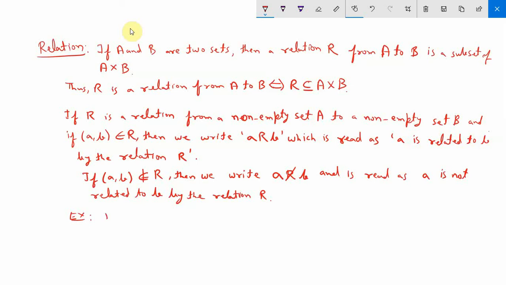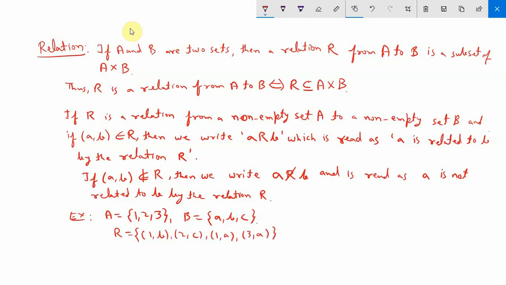Okay. So if we take an example, suppose set A is given as 1, 2, 3, and set B is equal to a, b, c, and a relation is given by R equal to {1b, 2c, 1a, 3a}.